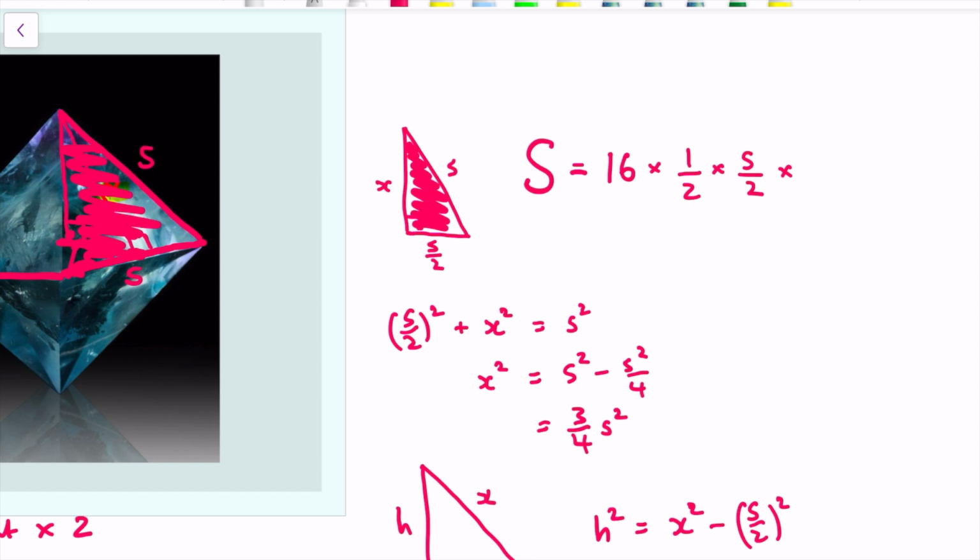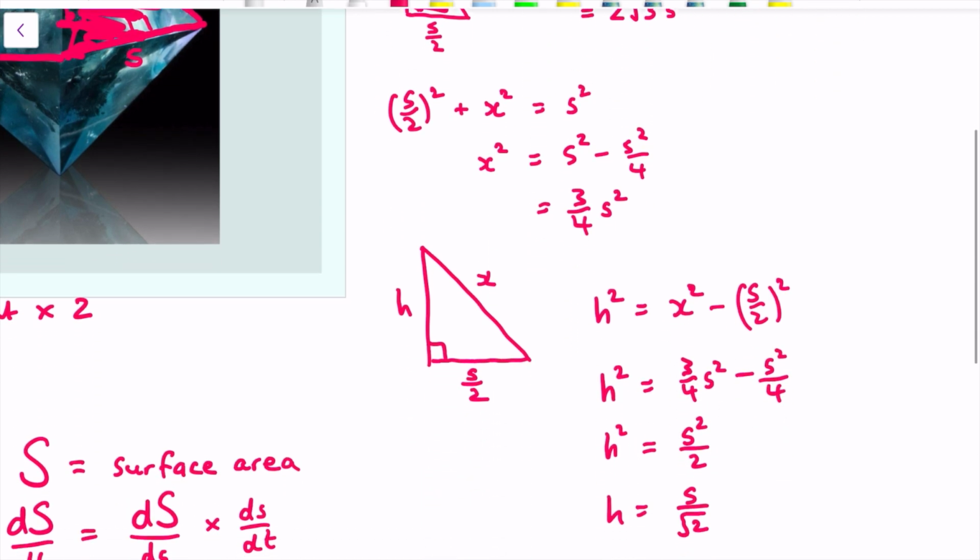Square root of x squared, root 3 over 2 s. Okay, this simplifies because there's a 16 and on the bottom there's an 8, 2 times 2 times 2, so 16 over 8 is 2. We have an s squared, which makes sense because it's a surface area, and we have root 3, so 2 root 3 s squared.